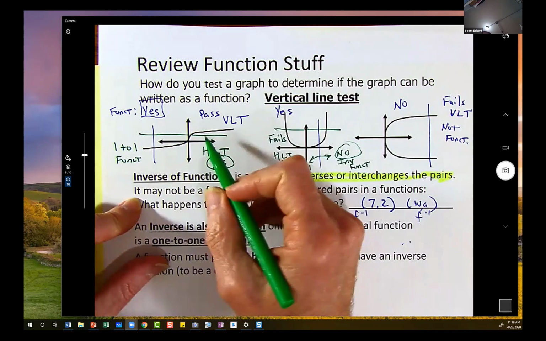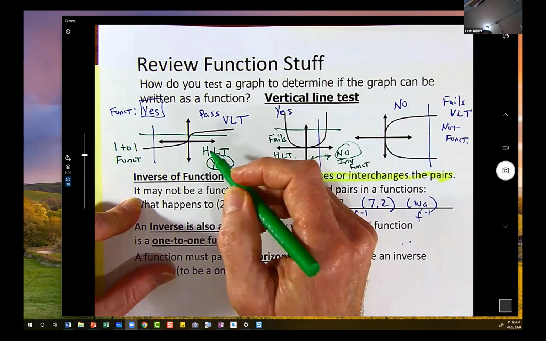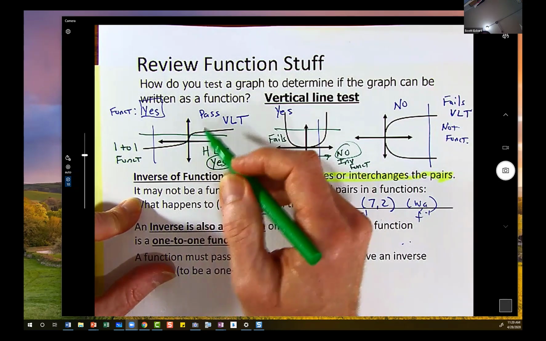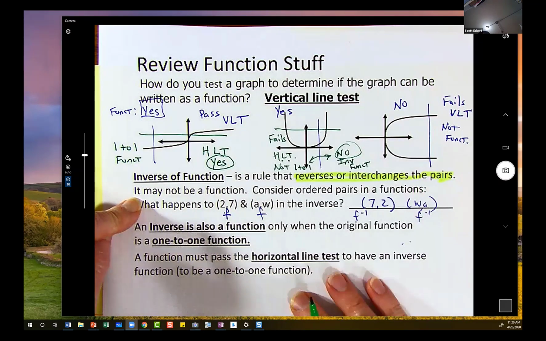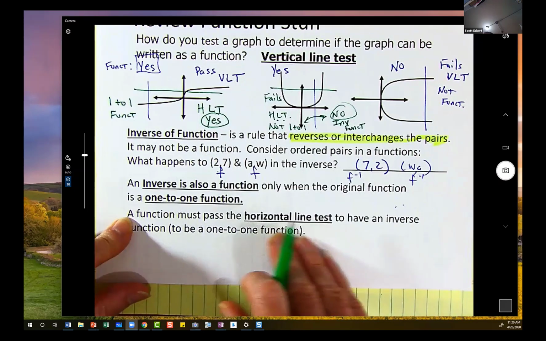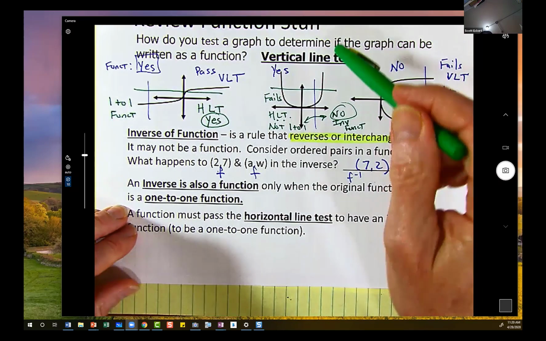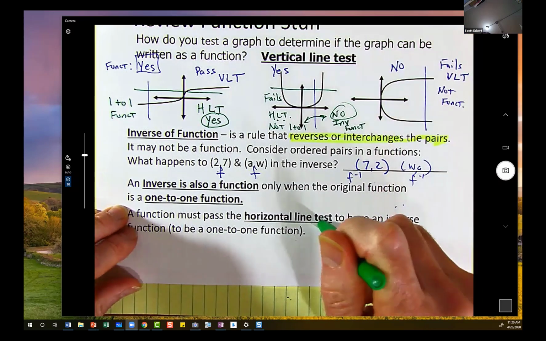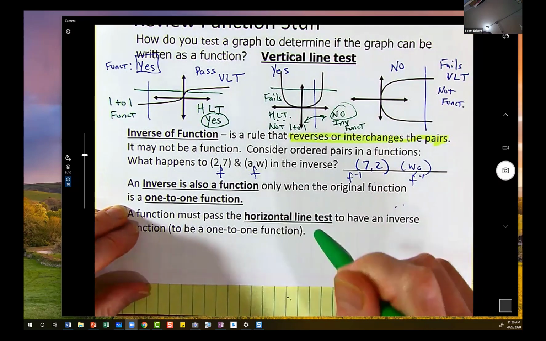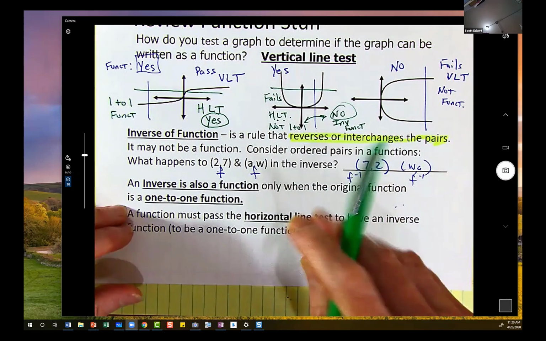Now we don't know what the equation is, but we know this one has one. Whatever this formula is, there is an inverse function. Those are some things we learned a long time ago about inverses. If a graph passes the vertical and horizontal line tests, then it's a function and it has an inverse function.